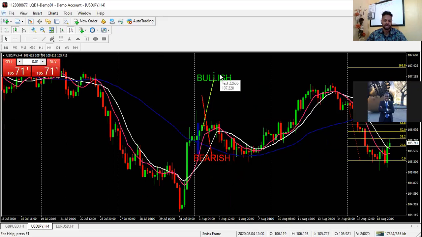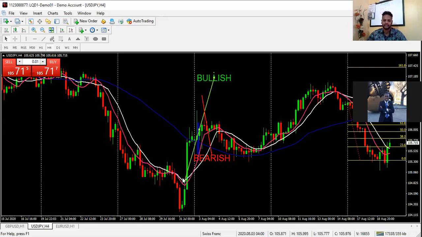Now what you need to understand is trend. The trend can be any direction. So this is a trend going up here. This is on a higher time frame, by the way.